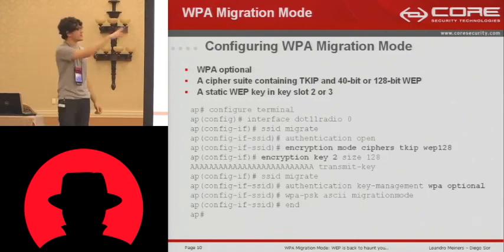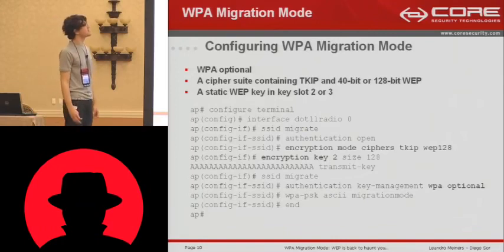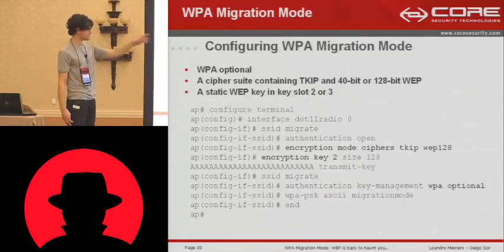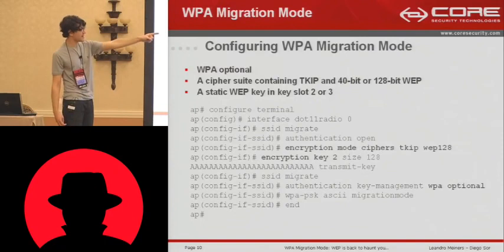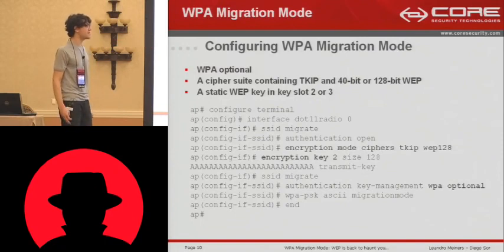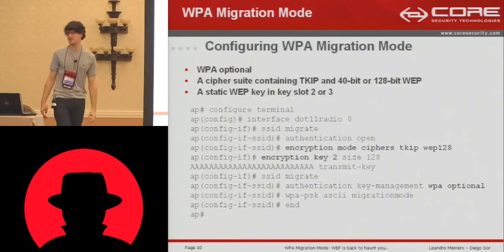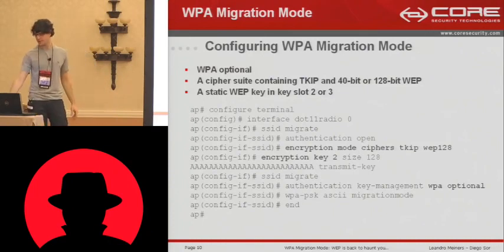Then we have the capture of the terminal where we configure the AP. You see that the encryption mode ciphers are TKIP and WEP 128 bits. The encryption key is in slot 2, and the key is here, the SSID, and then you see the authentication key management as WPA optional, because this is a requirement for the AP to work.